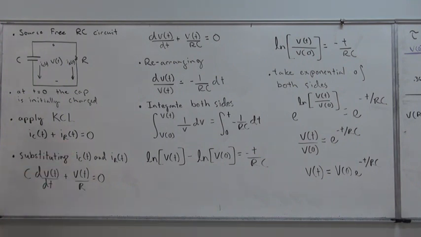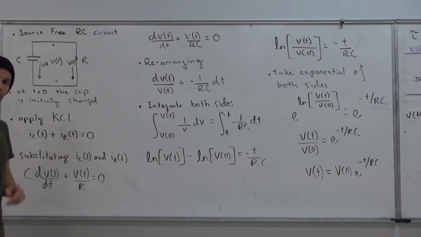Now, we said that the current-voltage characteristic for I_C(t) is C dV(t)/dt, or the capacitance multiplied by the change in that voltage with respect to time. But if we look at I_R(t), just by rearranging Ohm's law, V(t) divided by R is in fact equal to I_R(t).